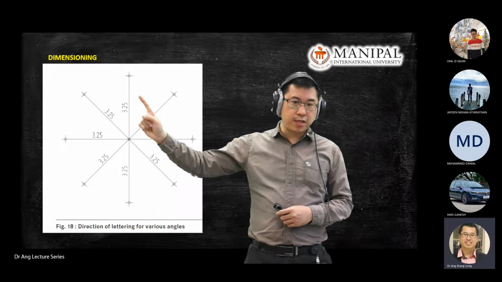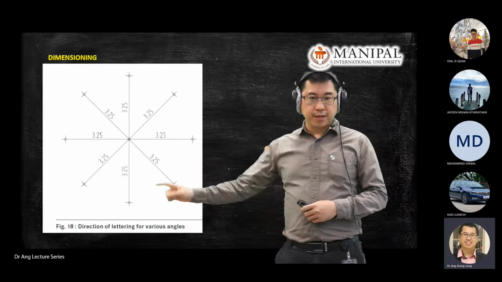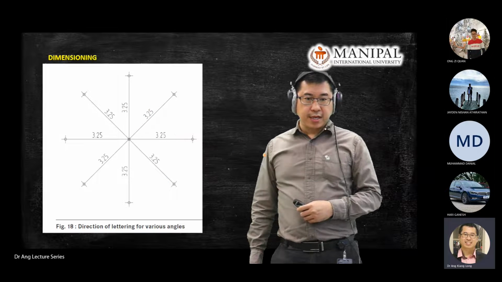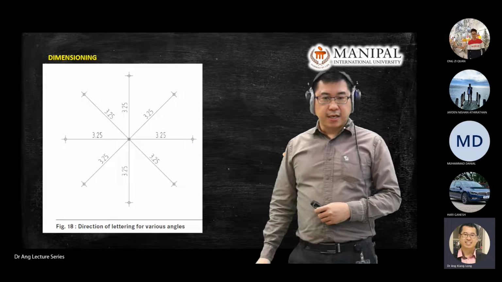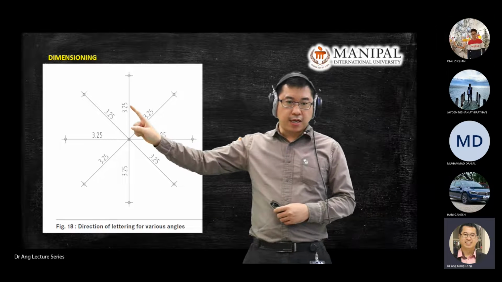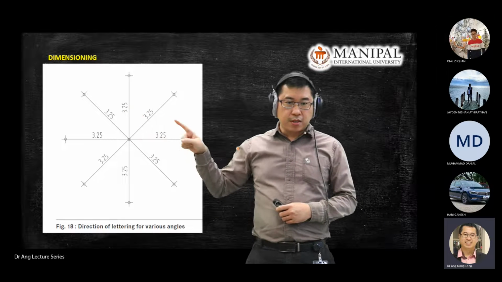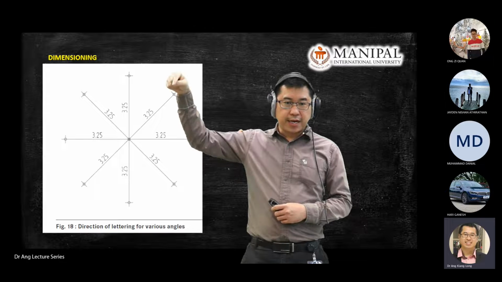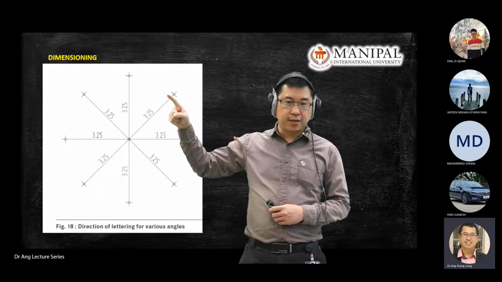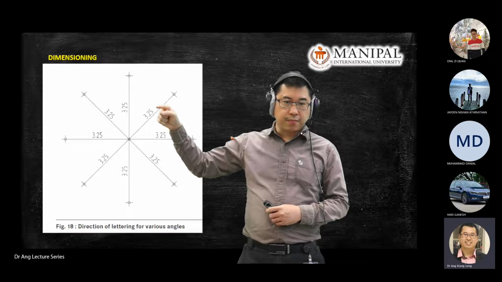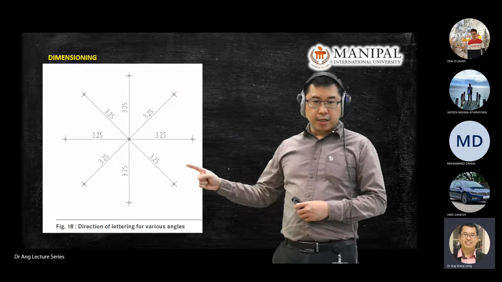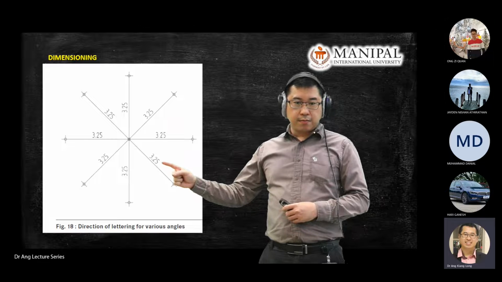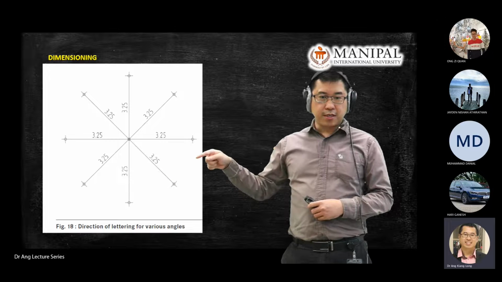You're always on the left hand side, and on top of the line. The numbers are always on the left hand side. If you rotate the angle of the line, the dimension will be above the line. So just take care.